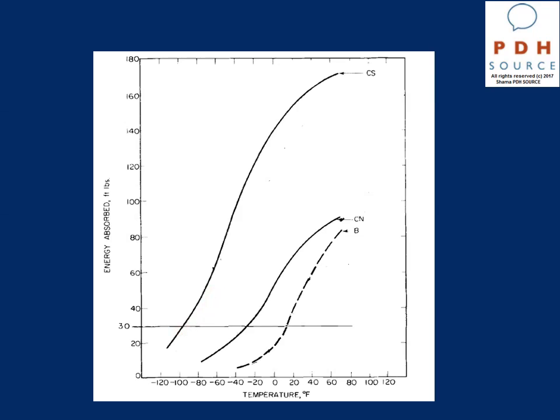So basically, the first one, which is CS, we will note that it can be used at service temperatures as low as -95. However, CN can be used at service temperatures as low as -30, and the B grade basically can be used at temperatures of about +15 Fahrenheit.